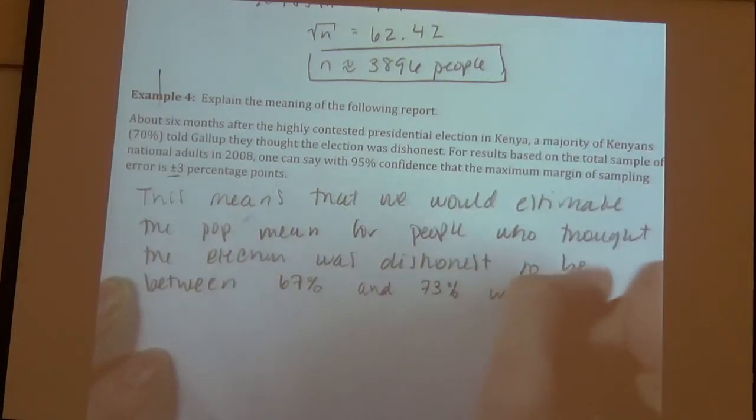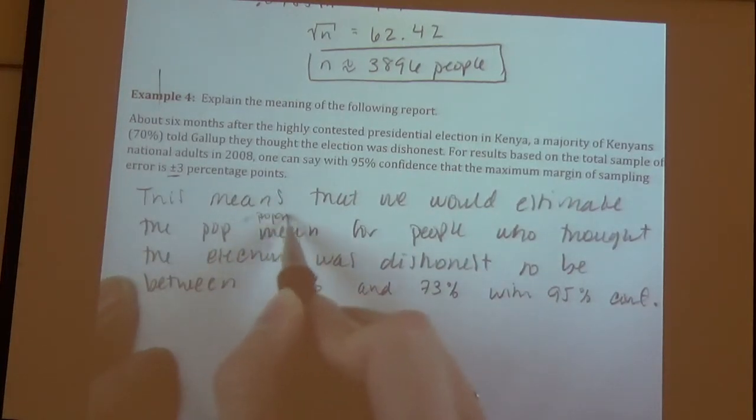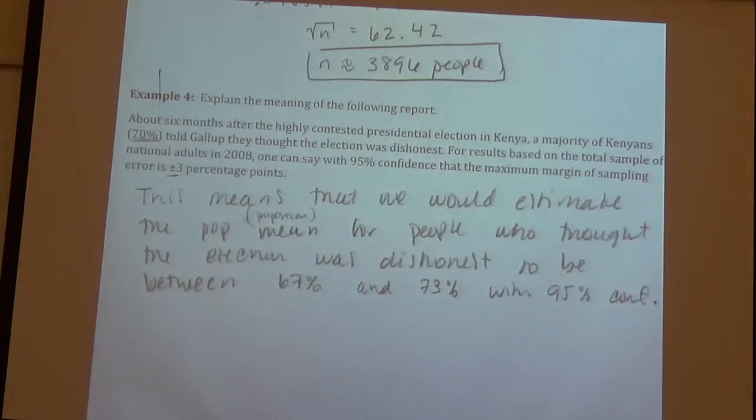And that's with 95% confidence. Technically, it says population mean, but we're looking at the population mean in terms of the proportion. So since we had that 70%, we're really looking at a proportion of that Kenyan population.